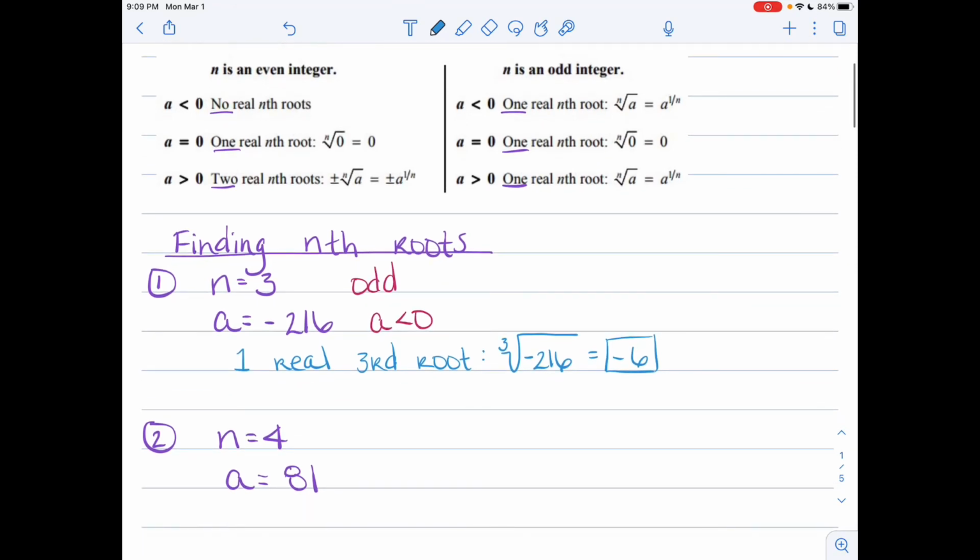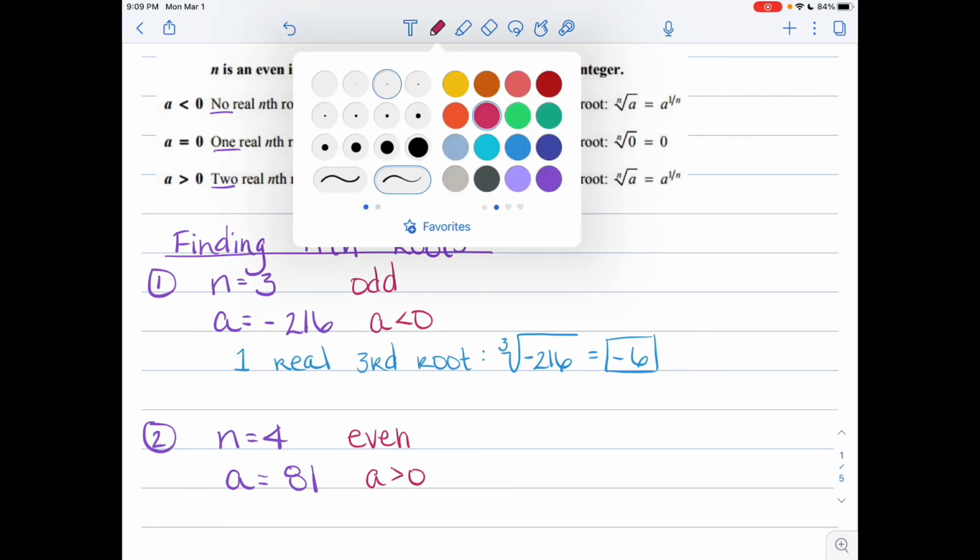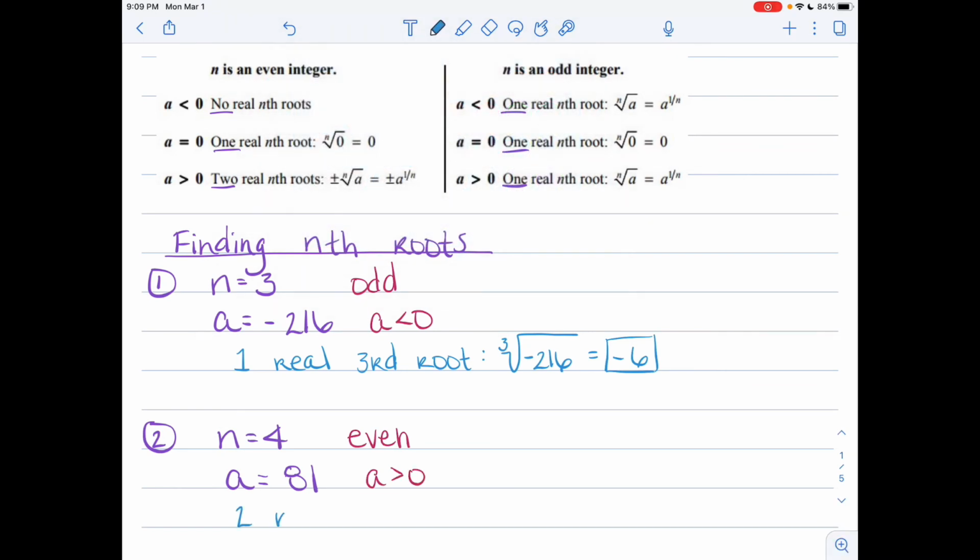So now our n value is 4, which is an even number. And remember, when we're even, we could have none, 1, or 2 roots. We have an a value that is greater than 0, so that means we will have 2 roots, both a positive and a negative. So a is greater than 0, and that means that we will have 2 real roots, and those will be fourth roots.